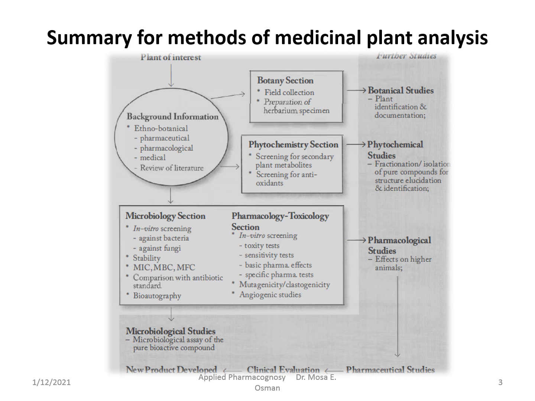Also, another method is phytochemical methods in the phytochemistry section, including screening of secondary metabolites and screening of their biological activity. As we know, phytochemical studies can be carried out for fractions, isolates, or even the crude extracts.